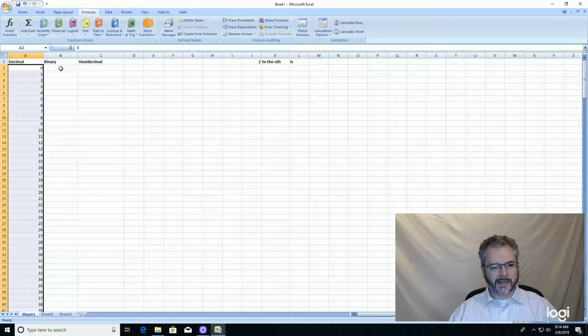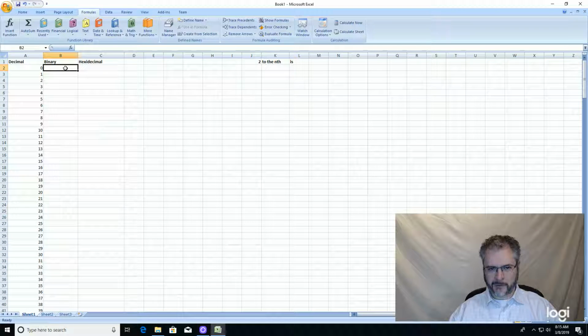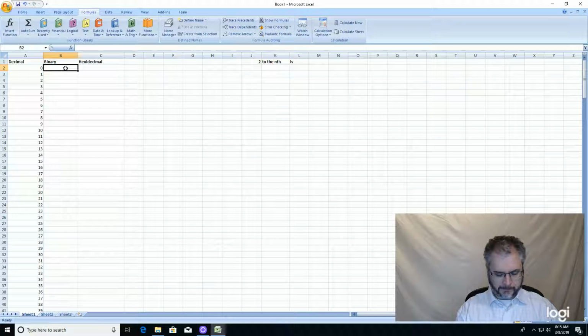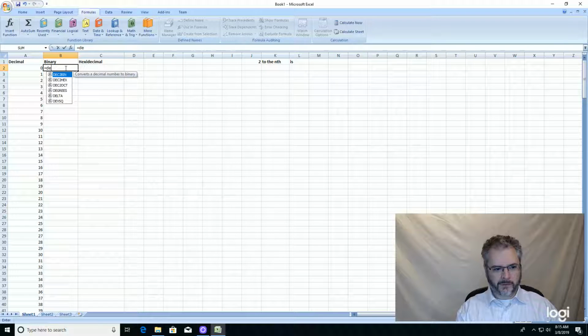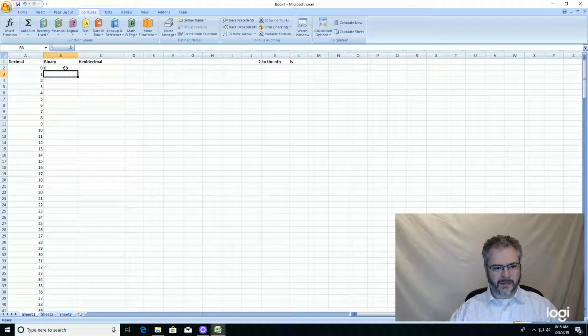Binary is going to count 0, 1, 10, 11, 100, and so forth like that. So in binary, let's just convert equals decimal to binary of cell A2, and we will autofill that down.